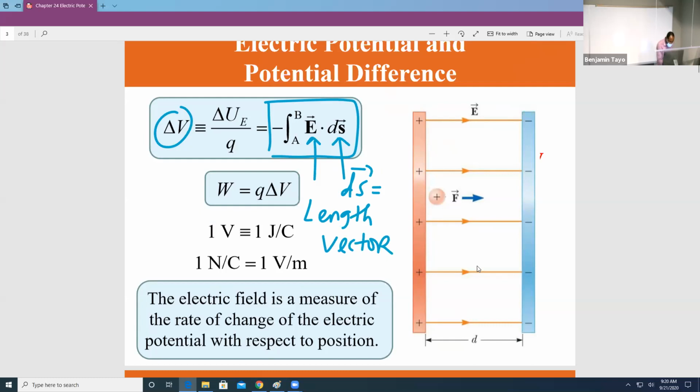In terms of units, the delta V is measured in volts, and 1 volt is 1 joule per coulomb. And then the electric field is measured in newtons per coulomb, but sometimes we can also represent an electric field as volts per meter.